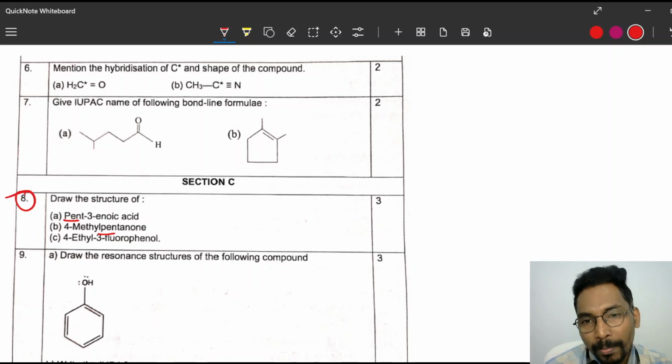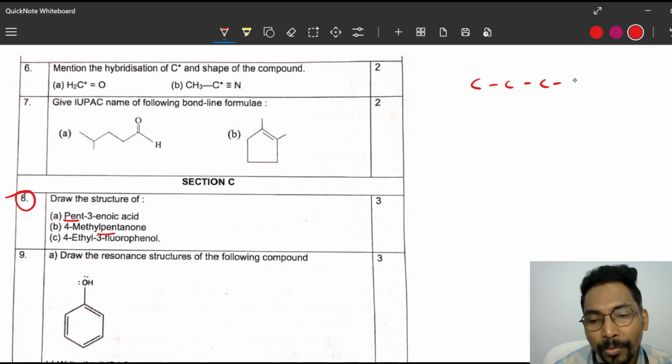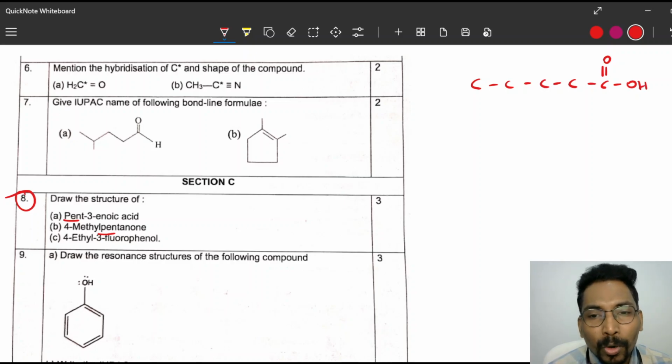So draw 5 carbon atoms first because the word root is pent. Okay, so 1, 2, 3, 4, 5. What is the functional group here? Oic acid. So definitely one carboxylic acid group should be there. So C double bond OOH. Then pent-3-ene. 3-ene means on third carbon one double bond is there. So which is the third carbon?